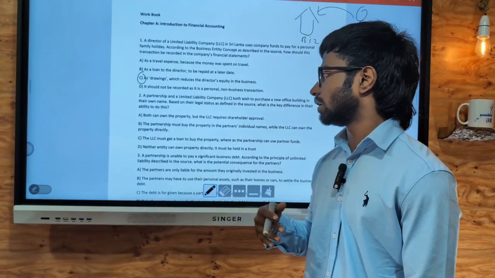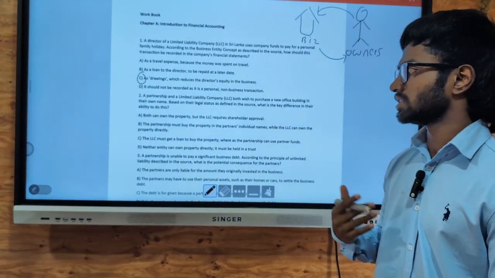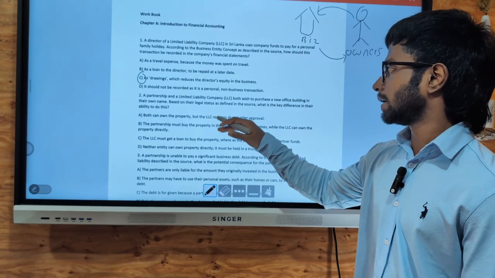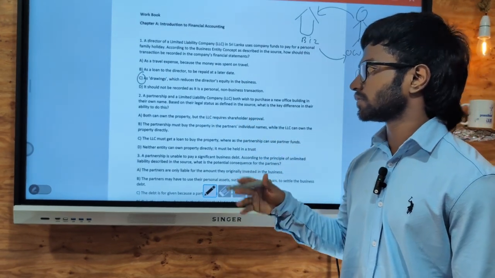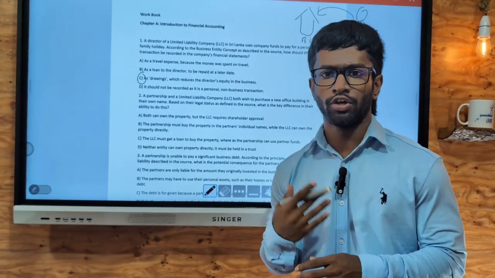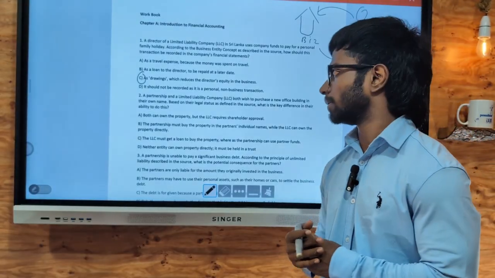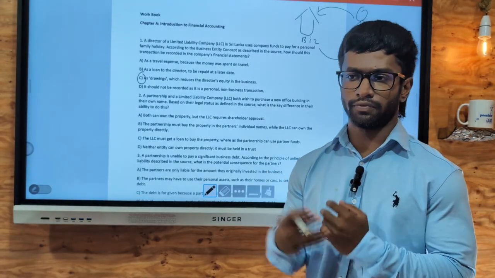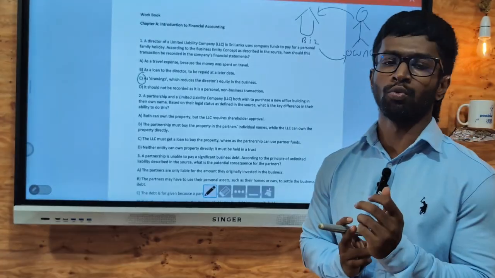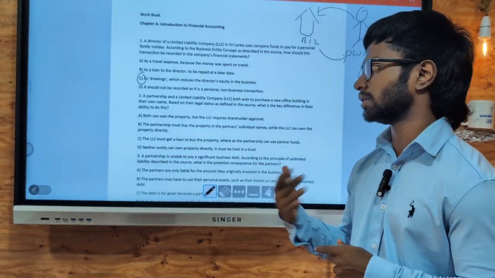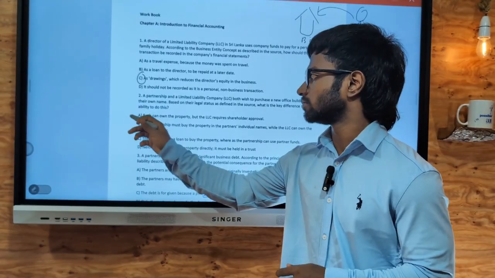So here, the most correct answer should be both can own the property, but the limited liability company requires a shareholder approval. So here, you don't need a shareholder approval to purchase a property. Keep in mind, if the company, whoever is running the company, if they have decided that it's beneficial to purchase, then you can purchase. So A won't come.